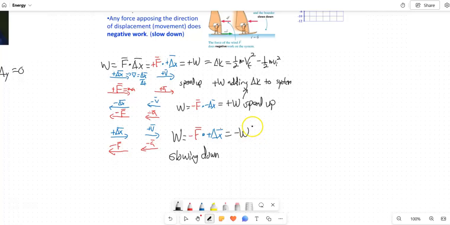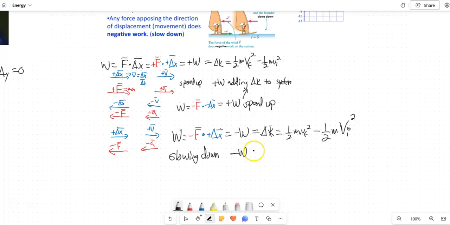So in other words, your kinetic energy final, in this case, which is your delta K, if you're slowing down, your final velocity is going to be small, but your initial velocity is going to be large. Okay? So, in other words, you are subtracting.